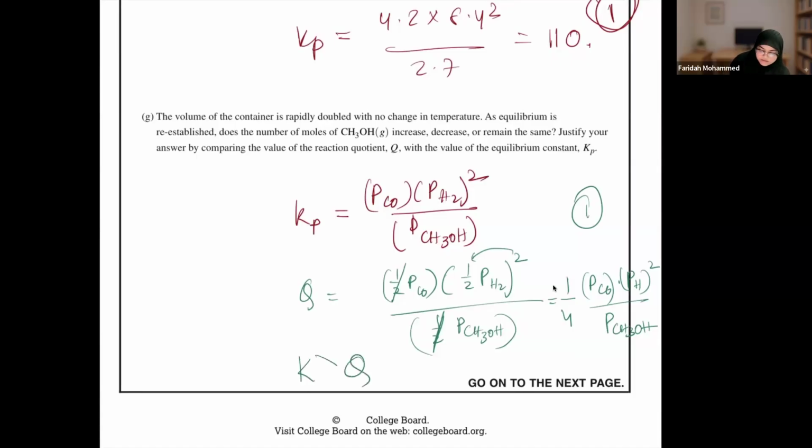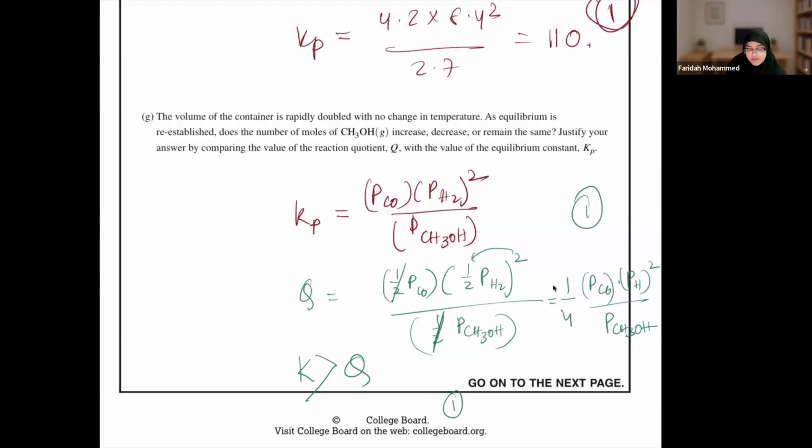So the reaction is going to proceed toward the product. And that means the CH3OH will decrease. Make sense? 1 point there and 1 point for the sentence that I just said.